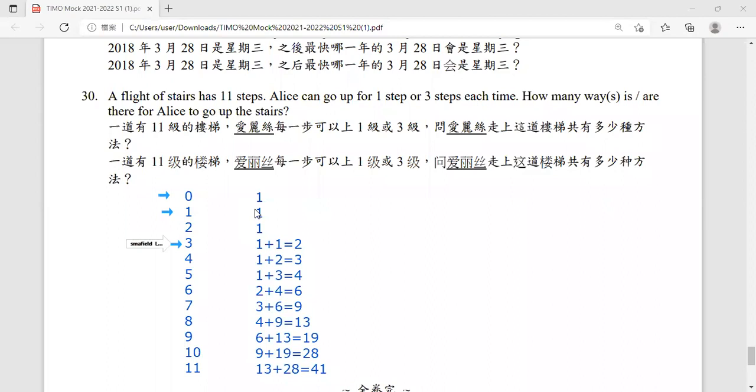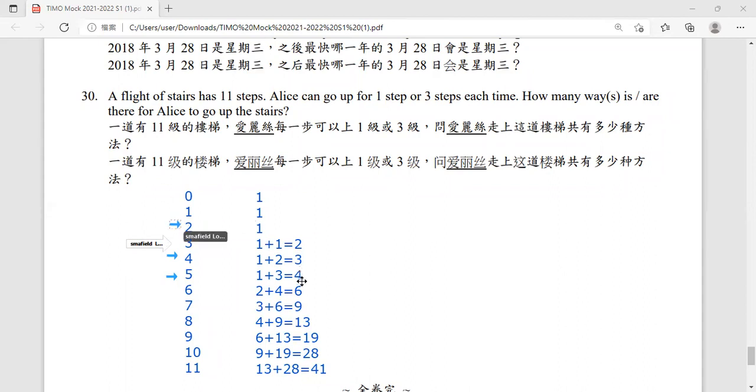Addition rule. So it's 1 plus 1 is 2. For going to step 3, you must come from step 2 or step 0. So add the 1. For step 4, you must come from step 1 or step 3. So you add these 2 numbers, 1 plus 2. For step 5, you must come from step 4 and step 2. You should have 1 plus 3, which is equal to 4.